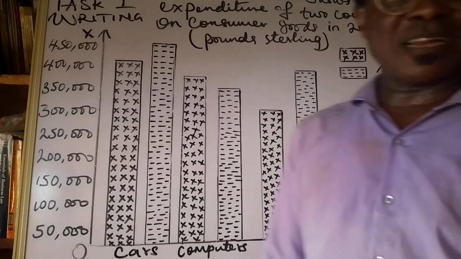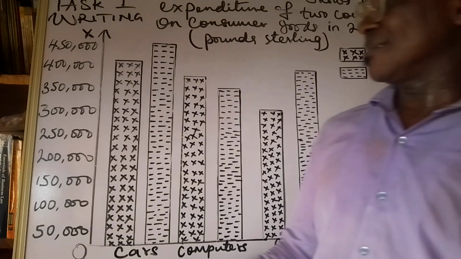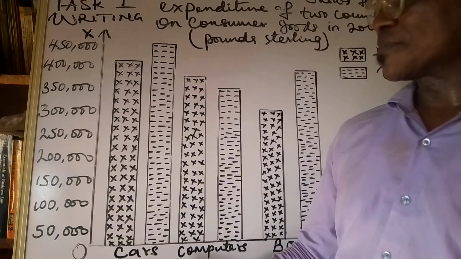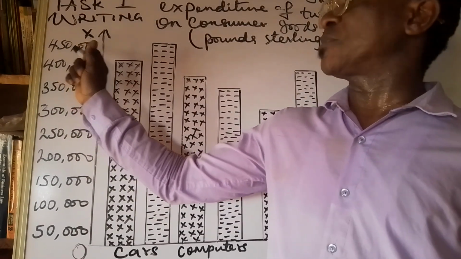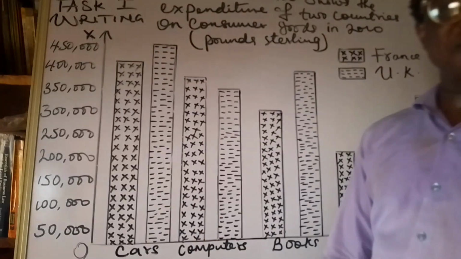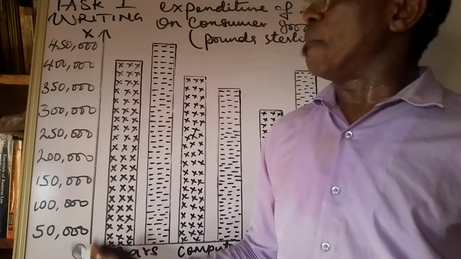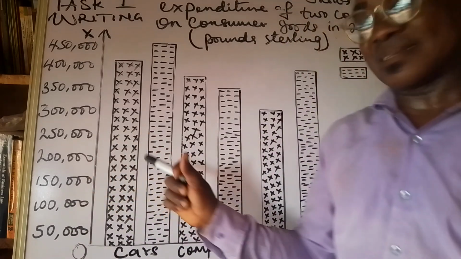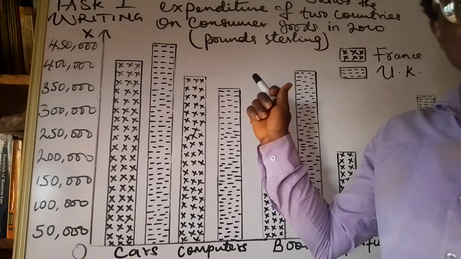These are the independent variables. While the dependent variables are 50,000, 100,000, up to 450,000. 450,000 what? Pounds sterling. So, the x-axis measures the values we are discussing in units, known as pounds sterling.